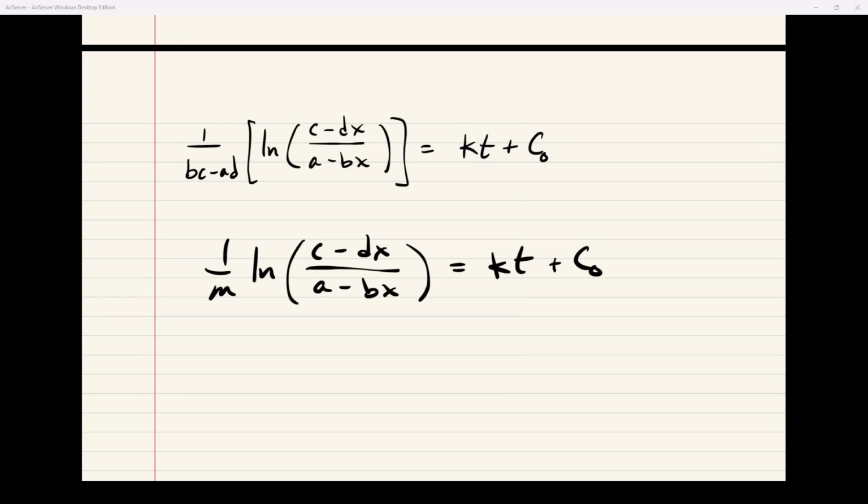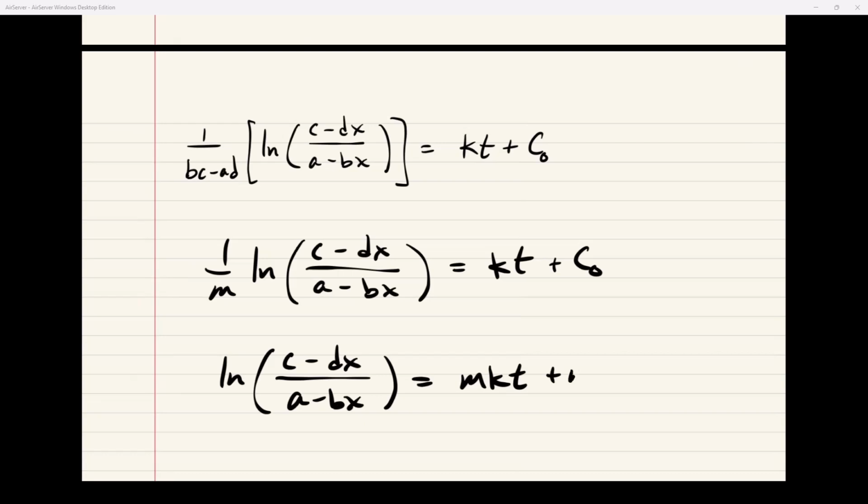I'll come back to those later. So if I'm solving for x, let's put the m on the other side. So this gives me ln of (C minus Dx) over (A minus Bx) is m times k times the variable t plus m times C naught.